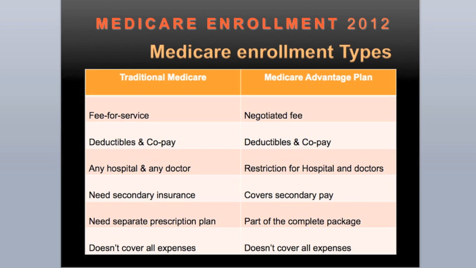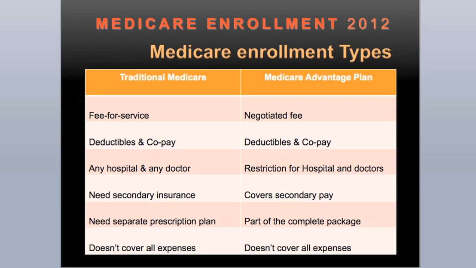Now let's look at the two main types of Medicare enrollments that are available. First, the traditional Medicare. The traditional Medicare has been in existence ever since Medicare came into existence. The Medicare Advantage plan is a more recent one. Let's look at the differences.